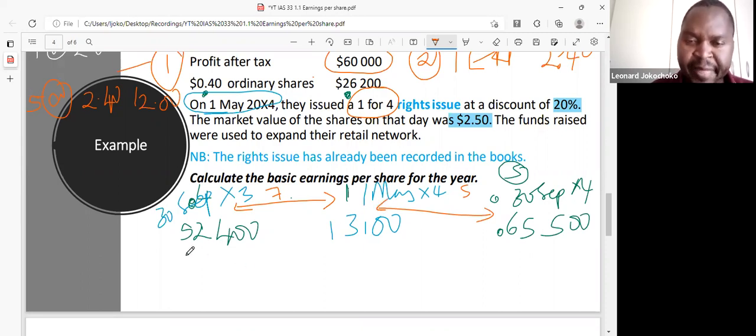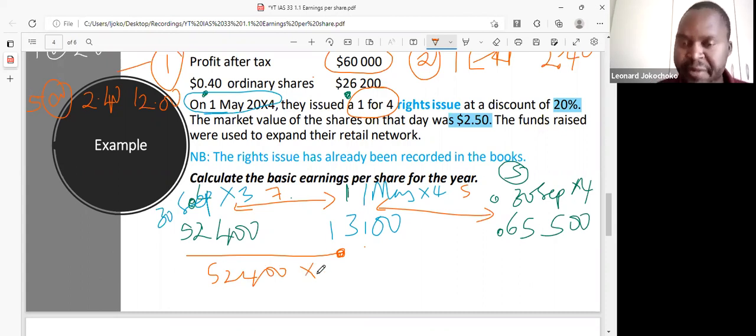Effectively, the company operated for 7 months on 52,400 shares. So to calculate my weighted average, I would take that 52,400. And because there was a rights issue, I must gross up to reflect my bonus share. I would take the current fair value of the shares and divide it by the theoretical exercise price we found in step number 2, which was $2.40.